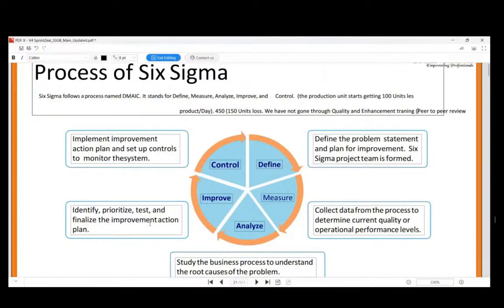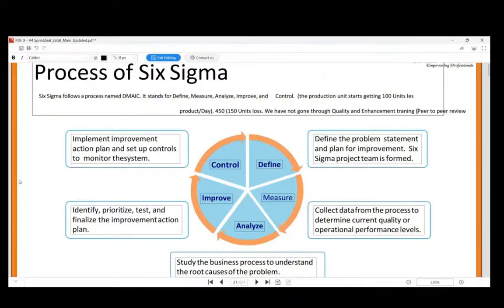Sir, the problem is we have not gone through quality and enhancement training, where it says what you call peer-to-peer review.